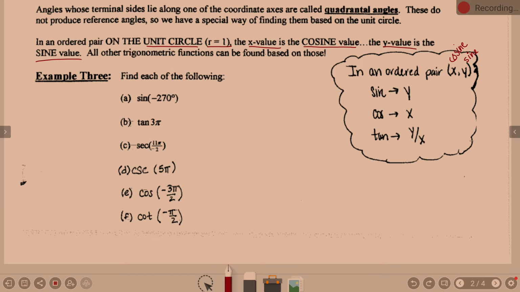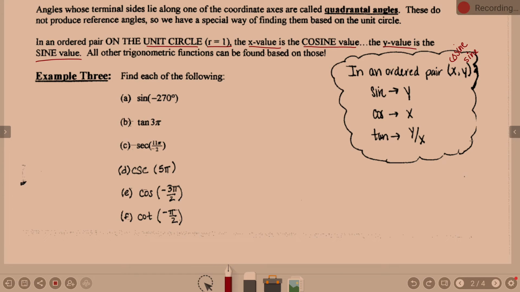Your cosine is always your x value. Cosine is adjacent over hypotenuse, but that hypotenuse is 1. Adjacent side is always how far left or right you go, and so that's your x value. Tangent is y divided by x.